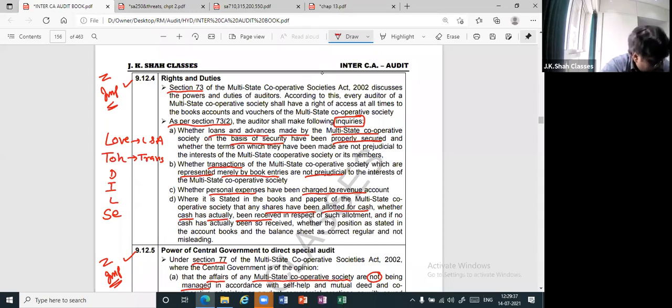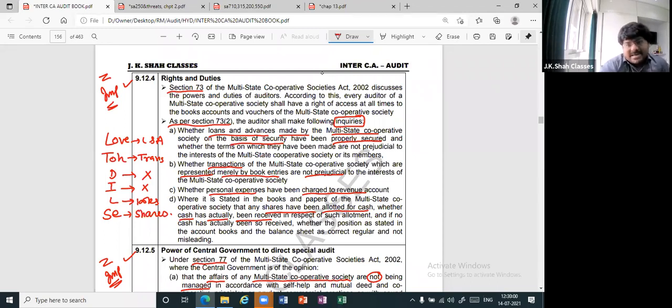Acha, D, deposits, this is not there. I, investments, this is not there. This is there: it looks like a business expense, but it can be personal. And lastly, shares allotted for cash. So can I say the entire LOVE TO DIL SE is not there, only D and I are not there? Apart from that, same.